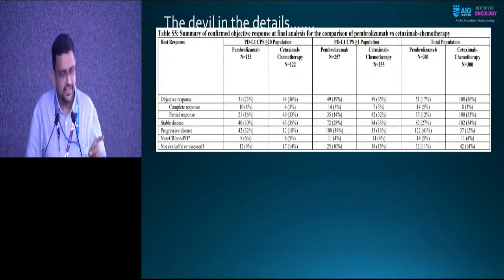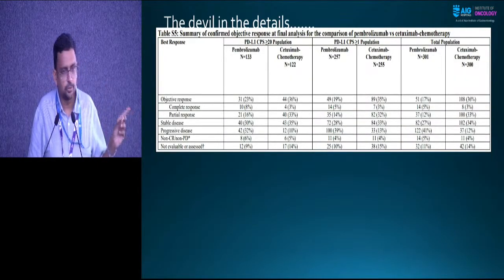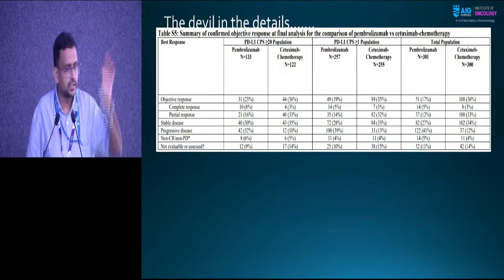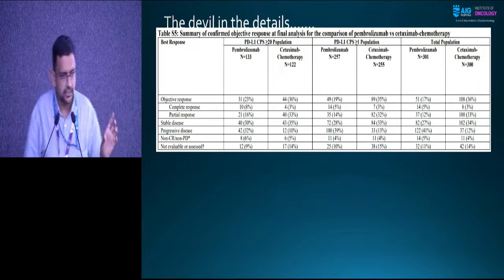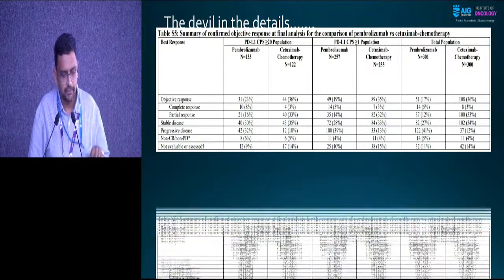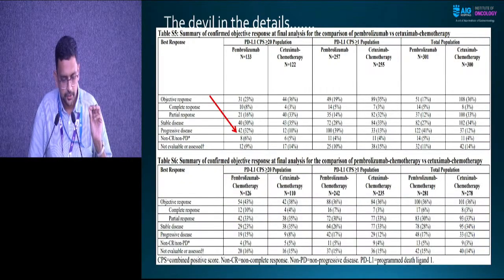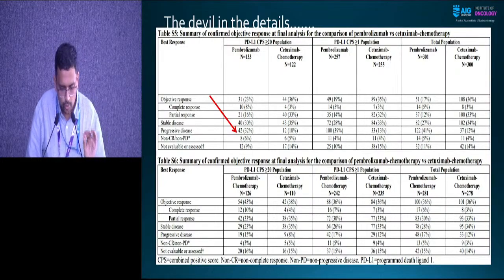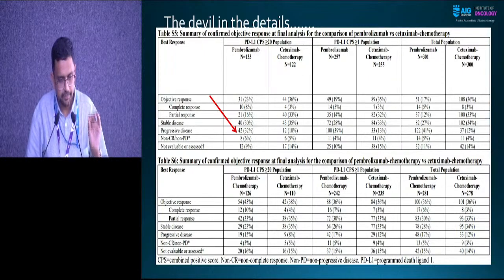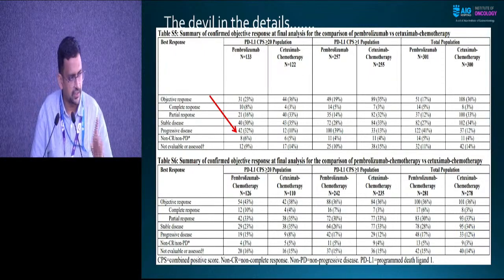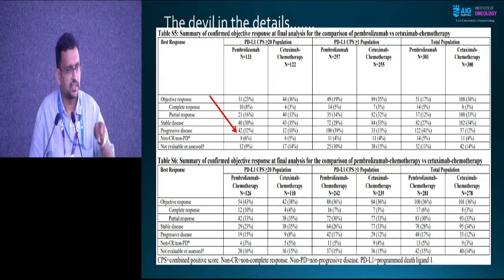Now, this detail is not there in the main paper for anyone who reads. If you can manage to go through the 13 endpoints in the paper, which is difficult in itself, look at the supplement. And what you see is in the Pembro monotherapy arm, your progressive disease is close to 27% in CPS more than 20, which means 1 in 4 patients is going to progress within the first 3 months.